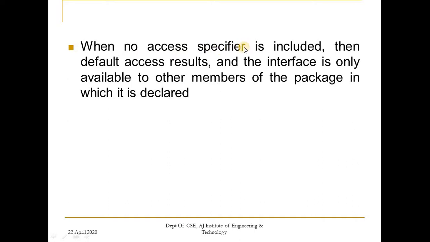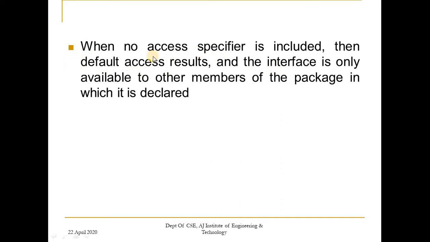When no access specifier is included, then the default access results and the interface is only available to other members of the package in which it is declared. So in the previous lecture, we have seen about the default access modifier, right? If you do not specify any access modifier, then it results in default access.